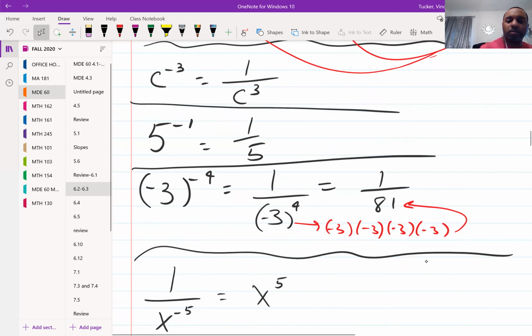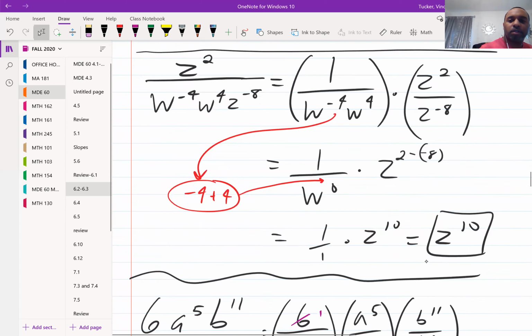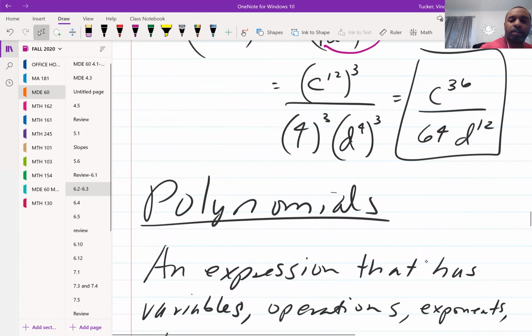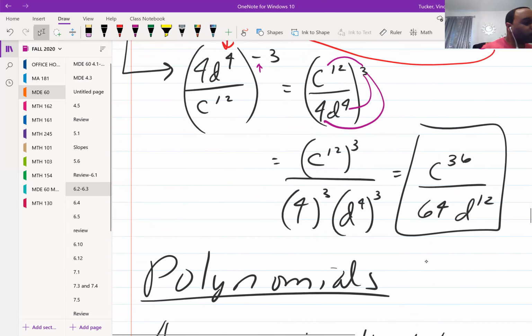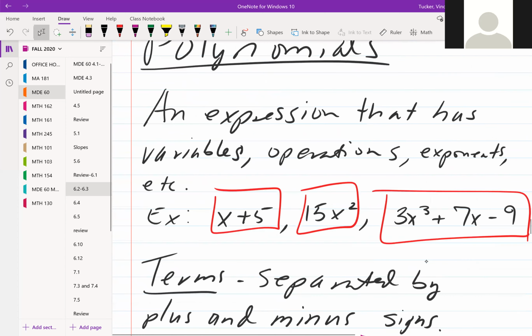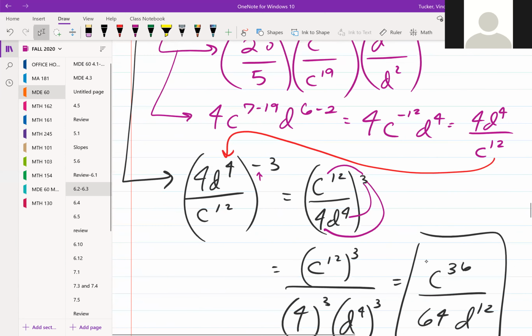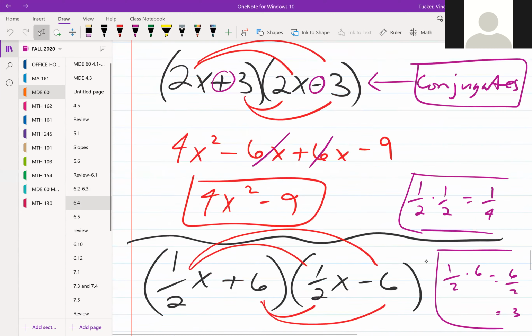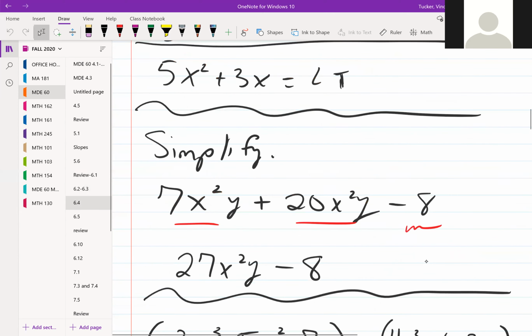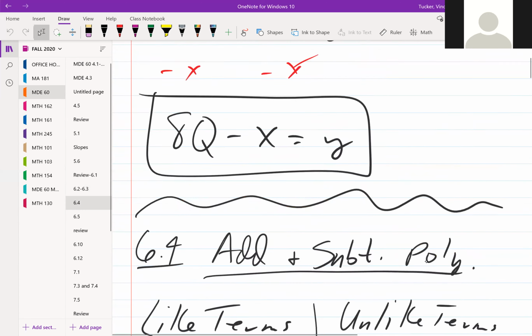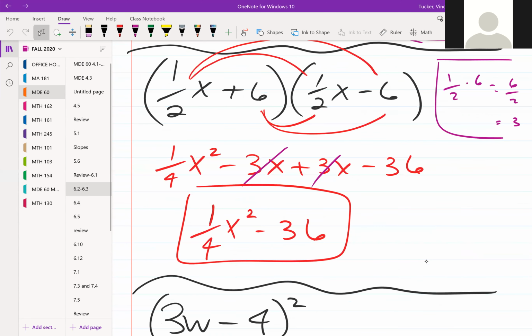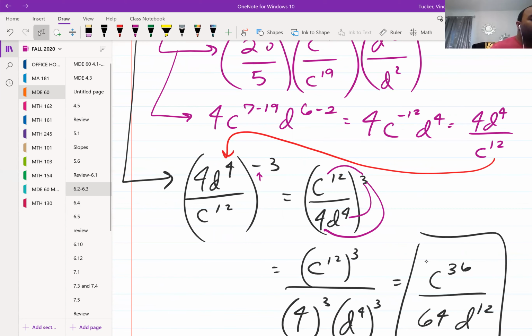And this goes into polynomials. So last section, they did have negative exponents. So adding and subtracting polynomials, that's 12.2.